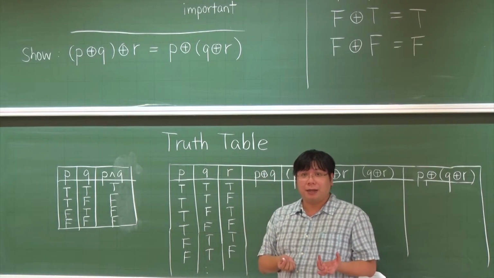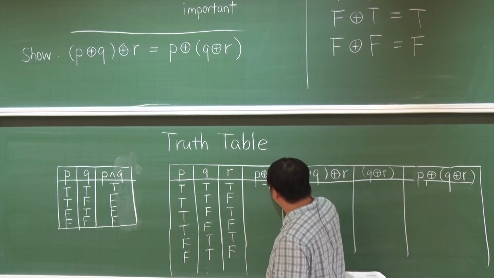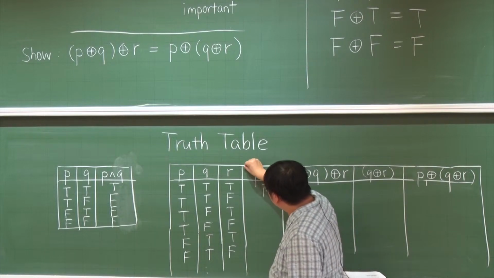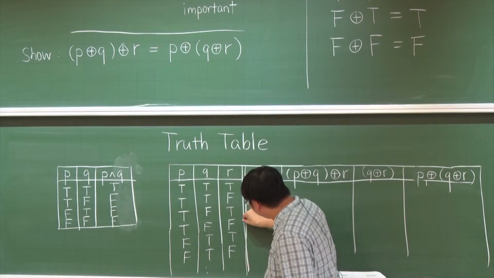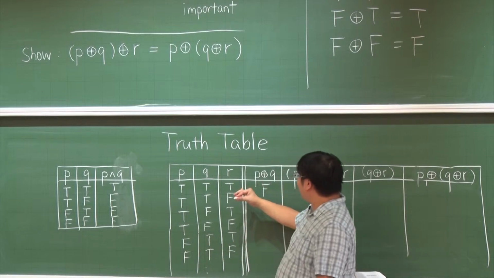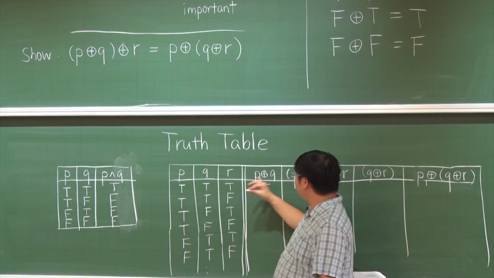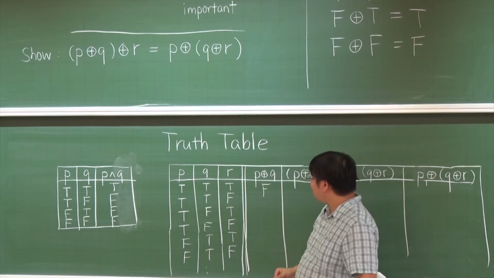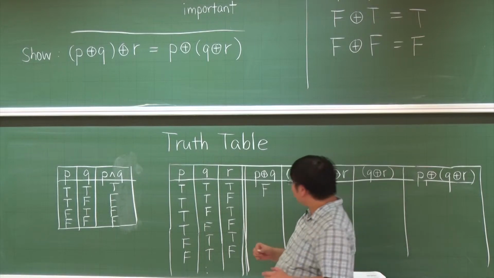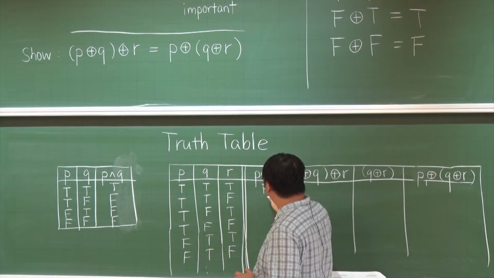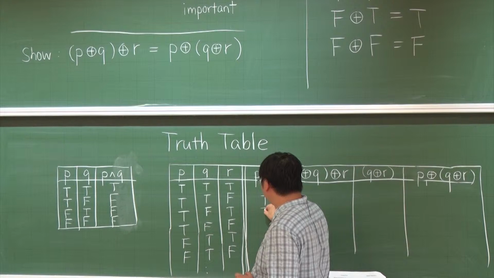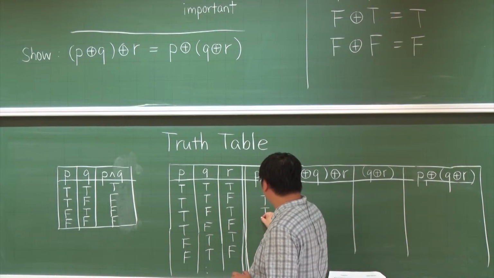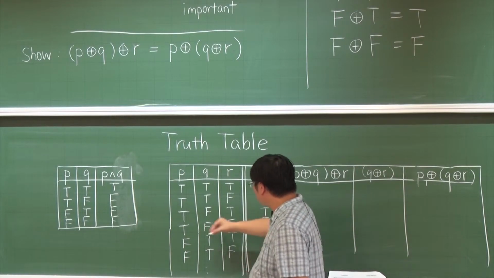What should it be? False, very good. Because P, Q, R are fixed on the left-hand side, when P is true and Q is true, P exclusive or Q will be false. Is that okay? So here we can write down: this is false, this is true, this is true, this is false. Very good.